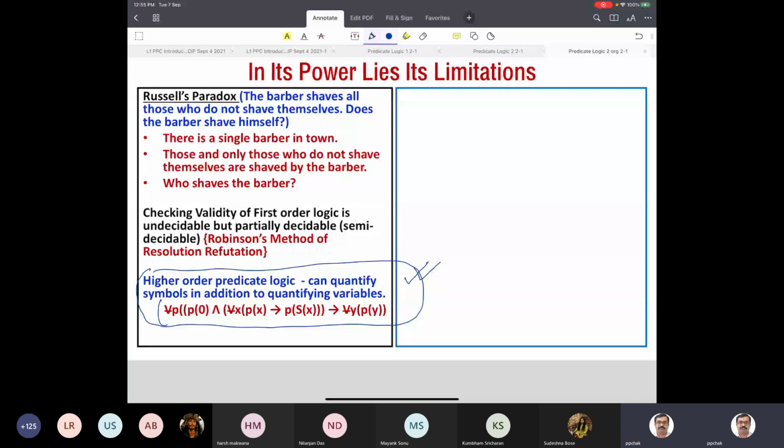It expresses something which we have all studied. Can you tell me what it is trying to express? Anybody? Induction. Yes, principle of induction.